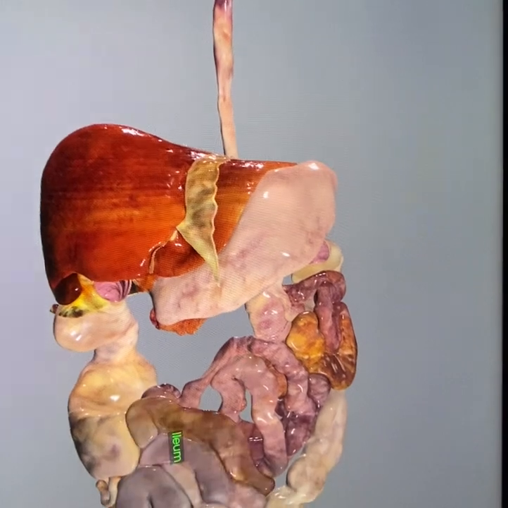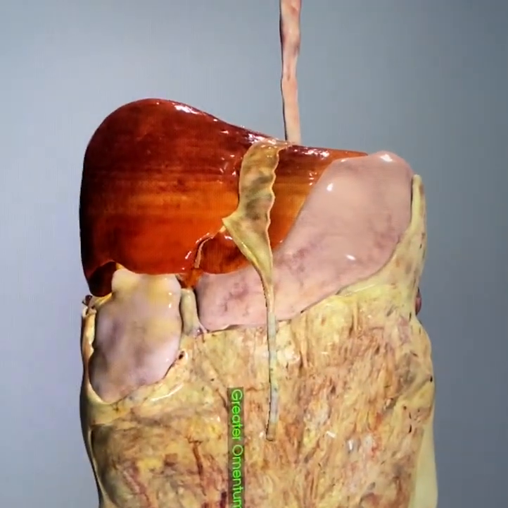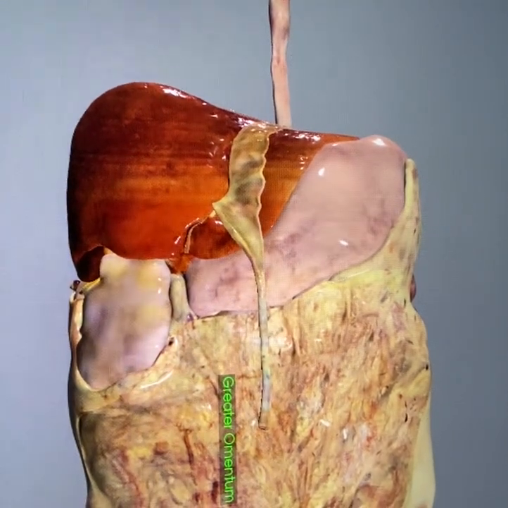Let's get them all back. And those are the structures of your gastrointestinal tract.